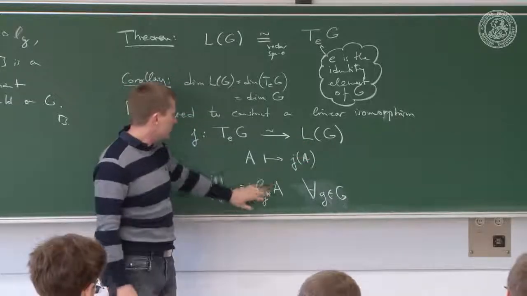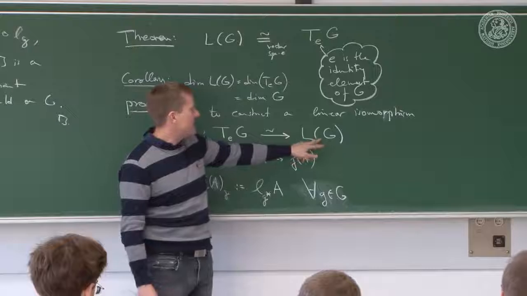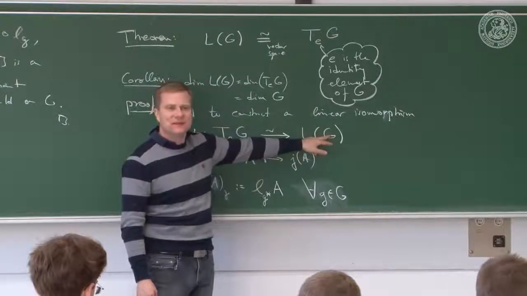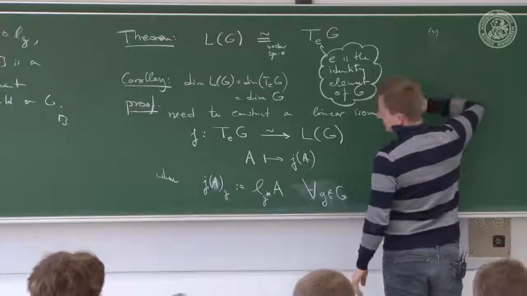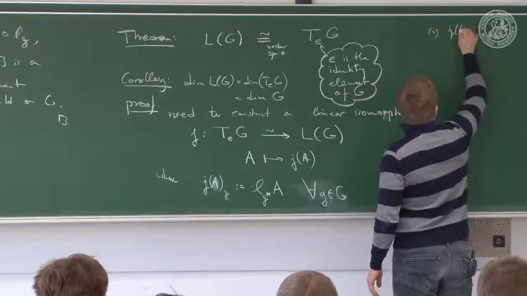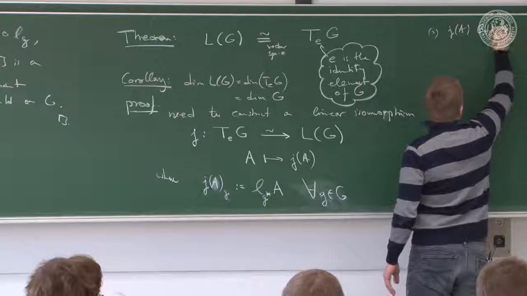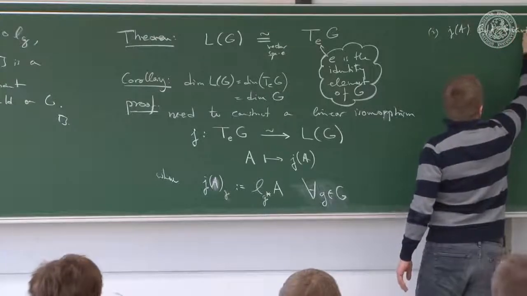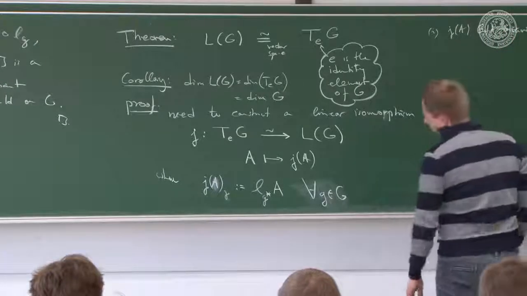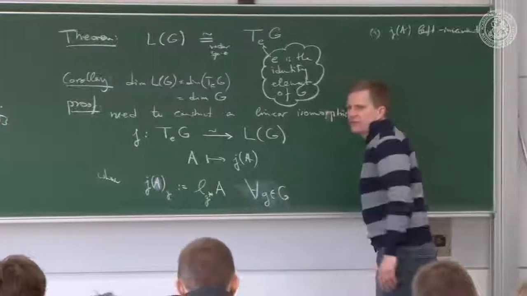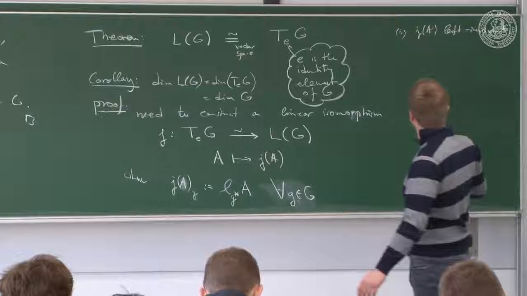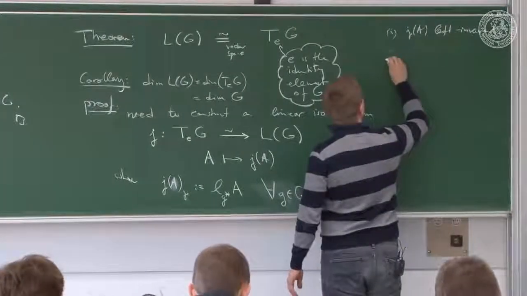So far by this construction, I only argued that this is in the sections of TG. But is it left invariant? So one is to show that J of A is left invariant. How do we do that? Well, now we use the second formulation we had, which is the most convenient.